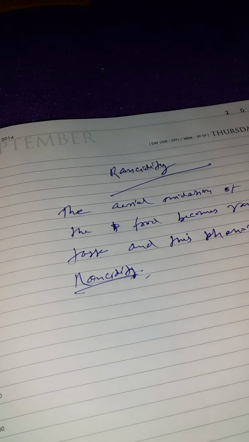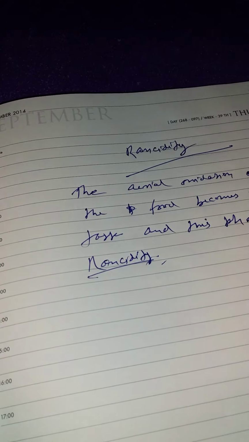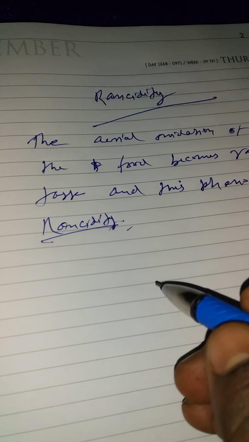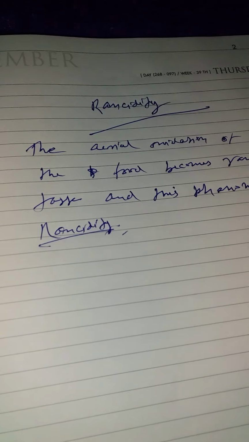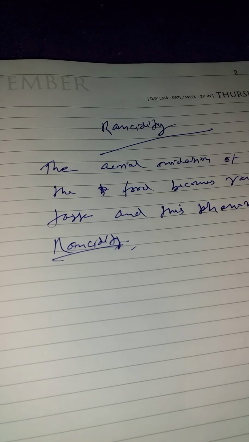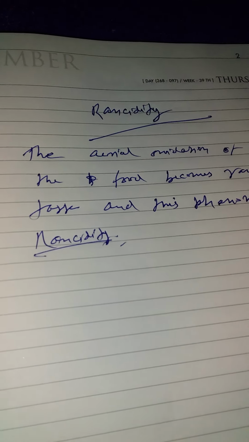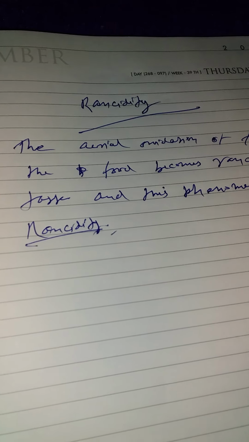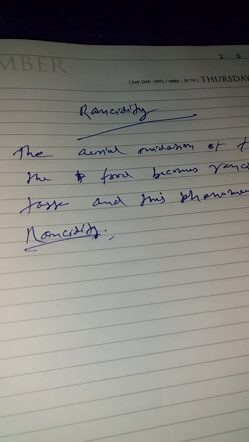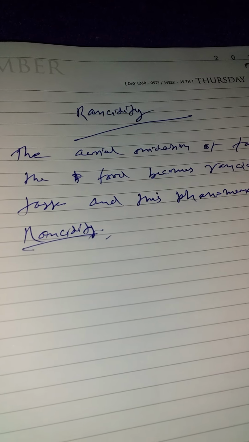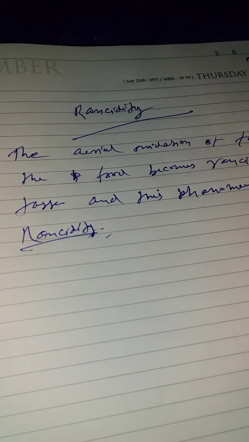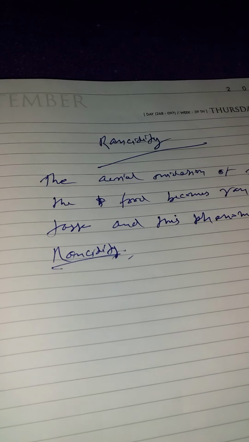This chemical equation is complicated, so it is not part of the syllabus. So we only have to define the term rancidity, that is aerial oxidation of fats and oils. The food becomes rancid, that is sour taste, and this phenomenon is known as rancidity.